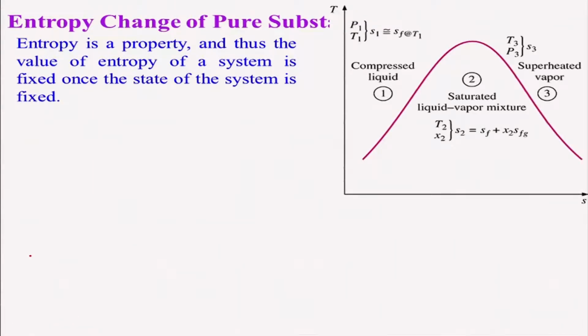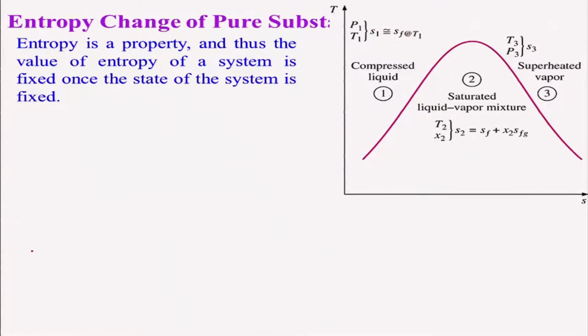For example, if you look at this TS diagram, this is your compressed liquid, and for the compressed liquid, if you know P1 and T1, from the saturated steam table you can find Sf, the saturated liquid entropy, which is approximately S1, very easily.